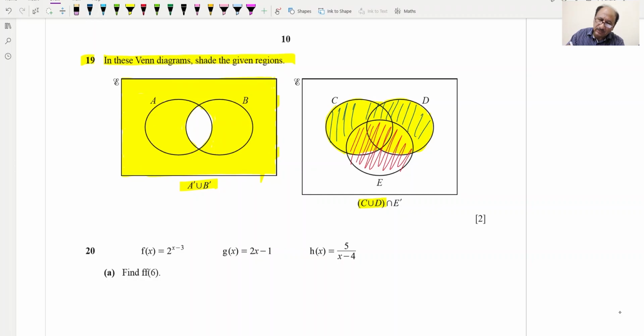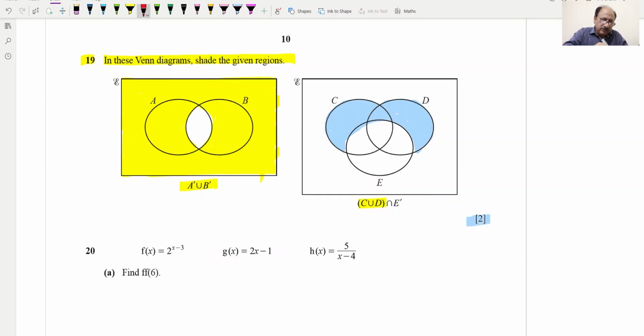So if we remove the unwanted section, the remaining section will be only this one, which is required in this question, only this part. Hopefully you are understanding. This is the shading part which is required for the final answer, and this is the answer for this part, and this is a 2-mark question.